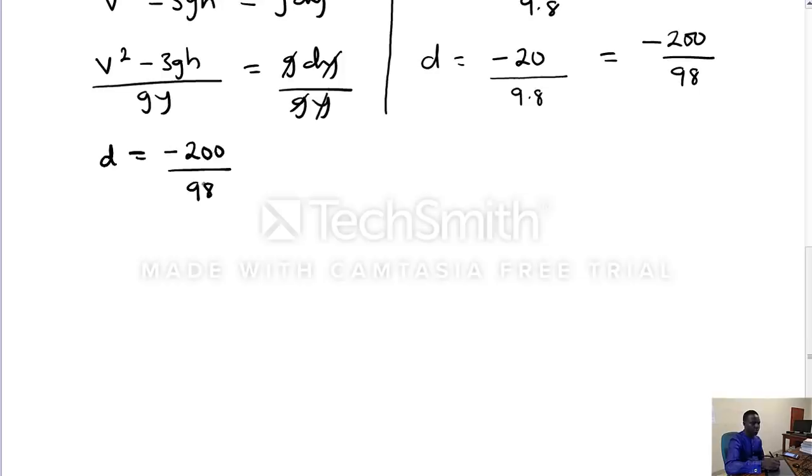You discover that 2 can go. 2 into 9 is 4, remainder 1. 2 into 18 is 9. 2 into 200 is 100, leaving us with minus 100 divided by 49, and this is said to be minus 49 into 100 will go 2 times, remainder, because 2 times 49 is 98, so it's remaining 2 over 49.